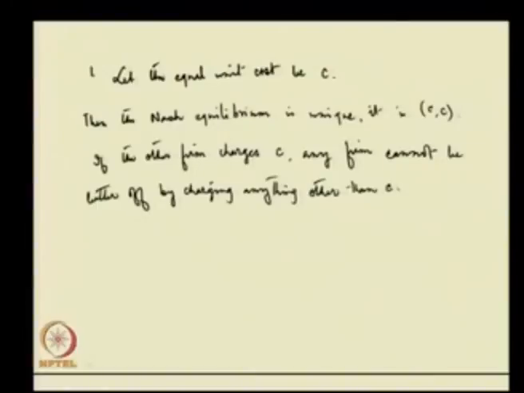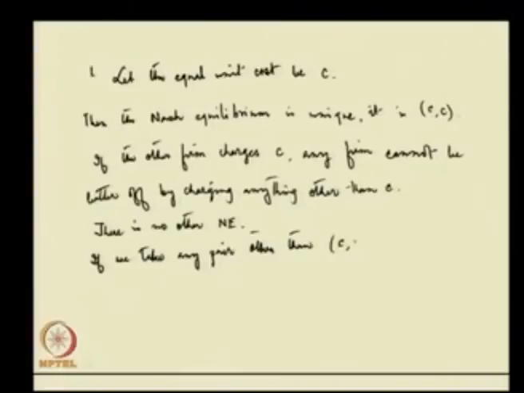What is the proof that there is no other equilibrium? If we take any pair other than CC, a profitable deviation is possible.